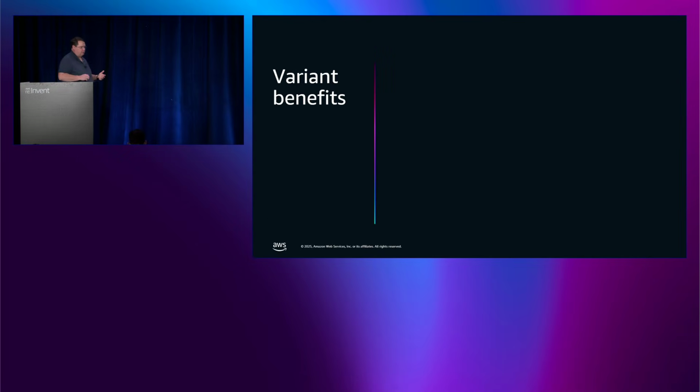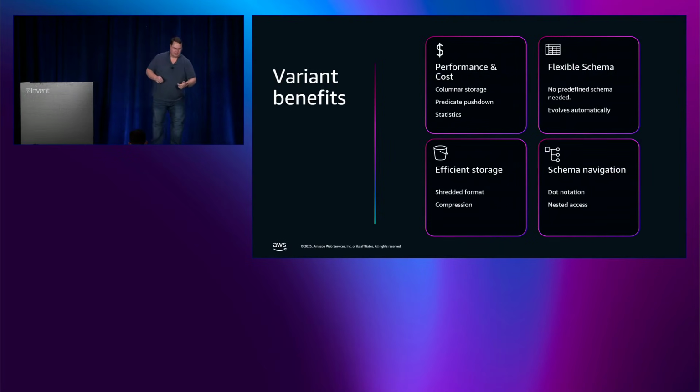So that's Variant use cases. Just to distill down some of the Variant benefits, performance and cost is really a big one. You're getting data put into columnar storage, which gives you stats and the ability to do predicate pushdown.